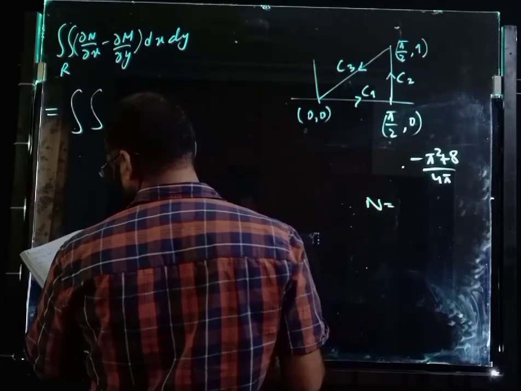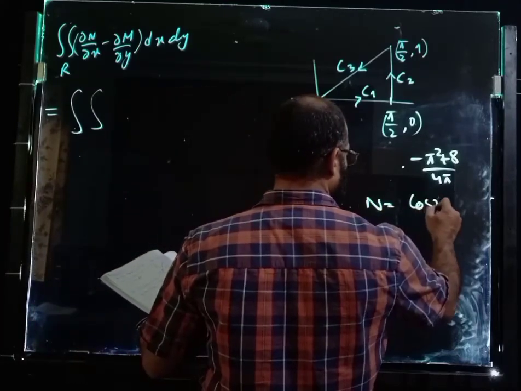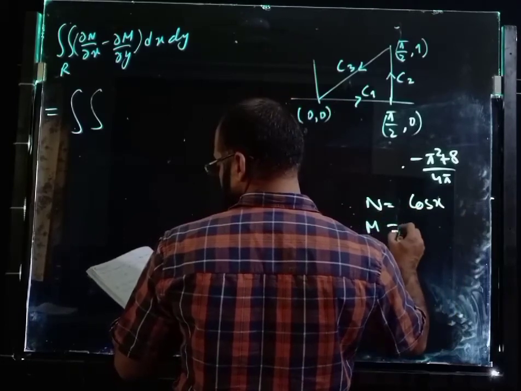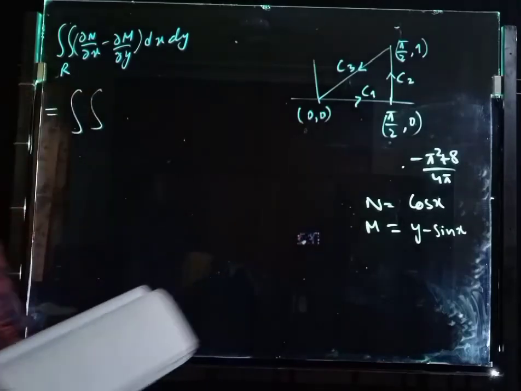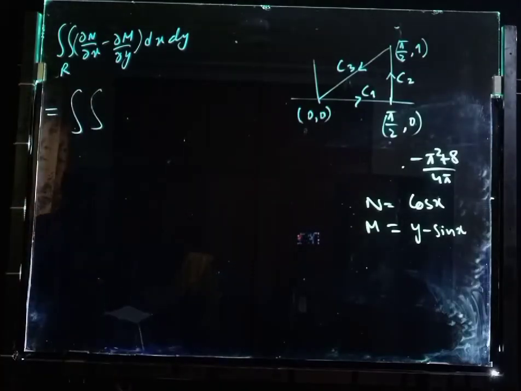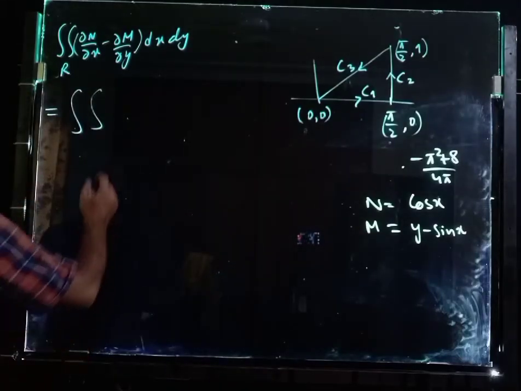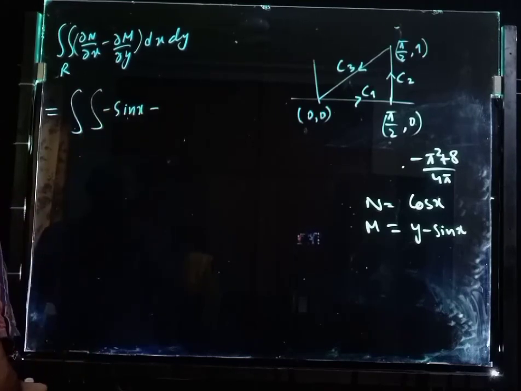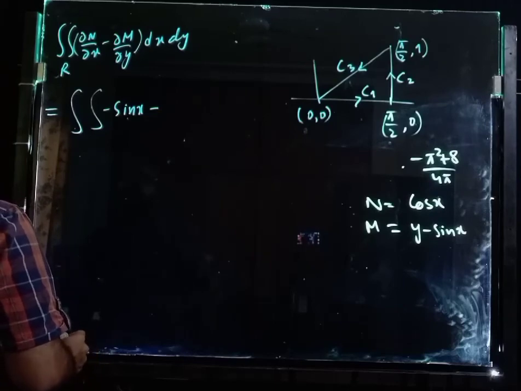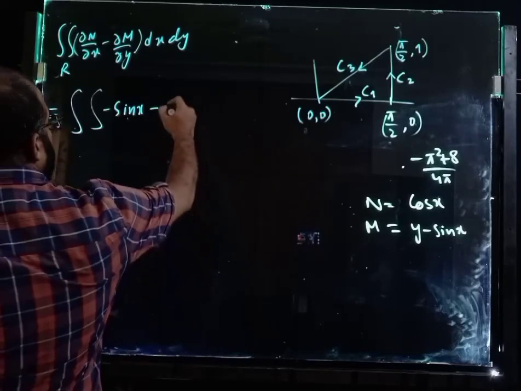N is cos x and M is y minus sin x. So I can write from here N_x is minus sin x and M_y is 1.